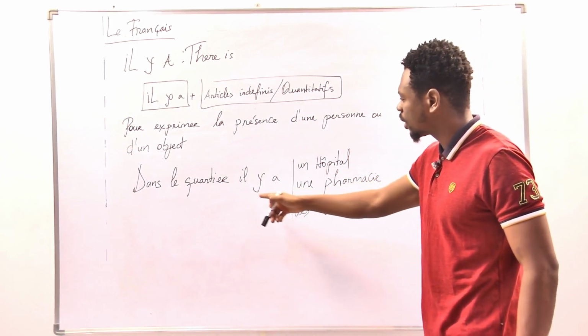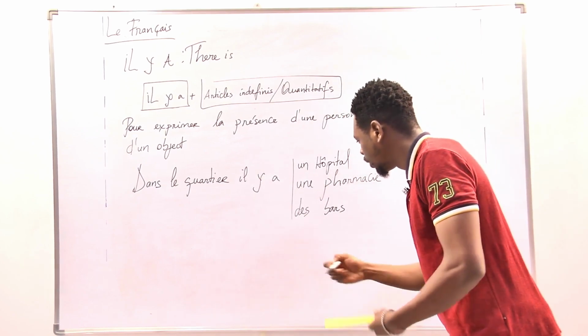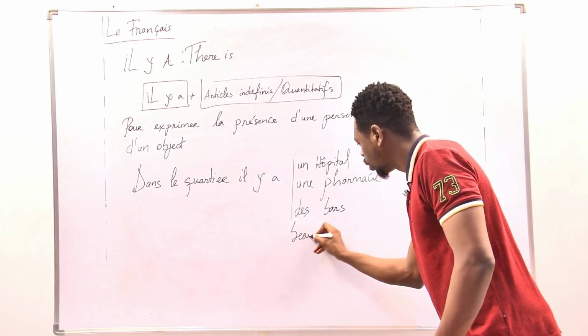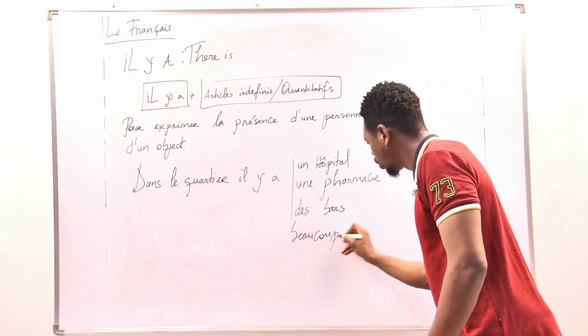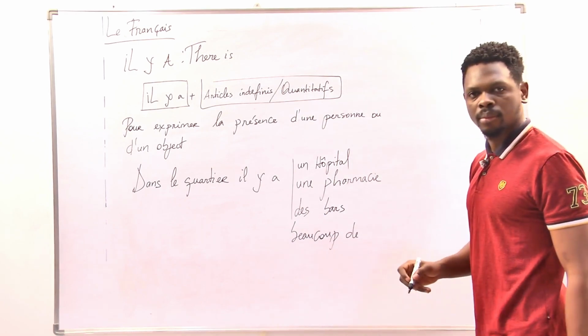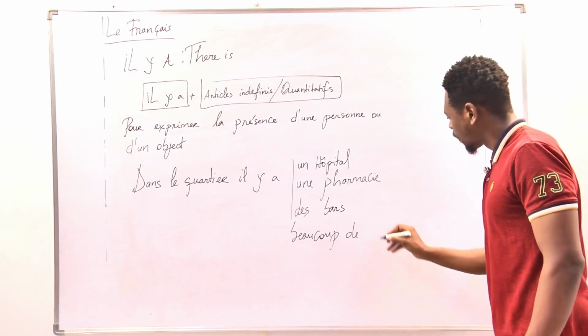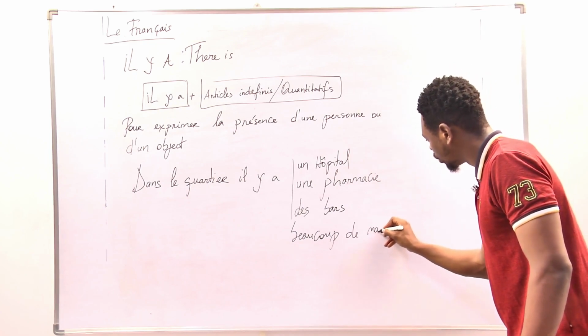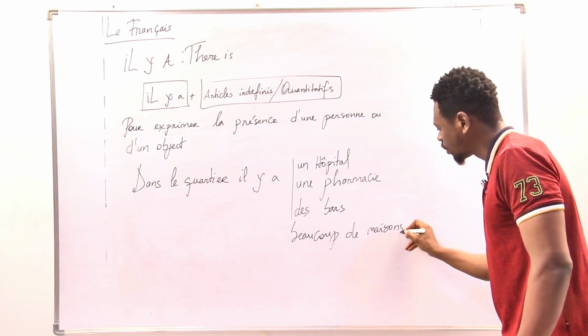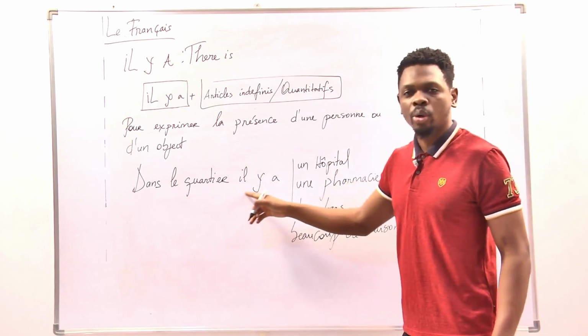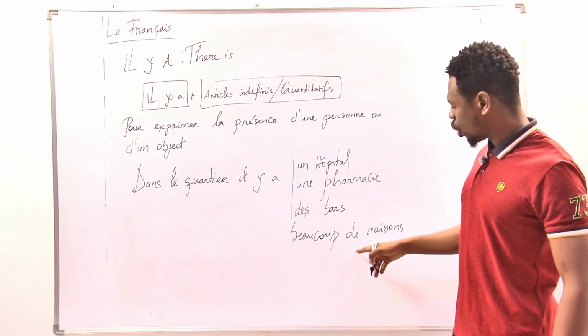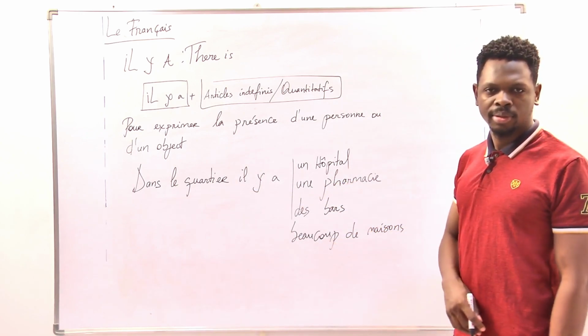I can say dans le quartier il y a beaucoup de maisons. It means in the neighborhood there is a lot of houses.